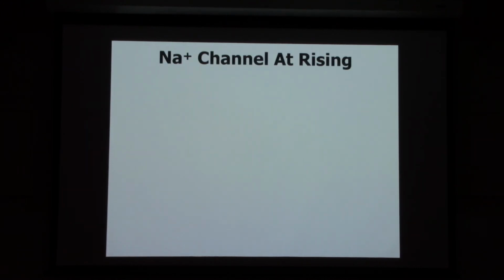All right, at the rising phase, we've already reached threshold. What happens at threshold? Well, that's what triggers the activation gates to open. That's what's so great or magical about threshold. That's the voltage that causes activation gates to open.